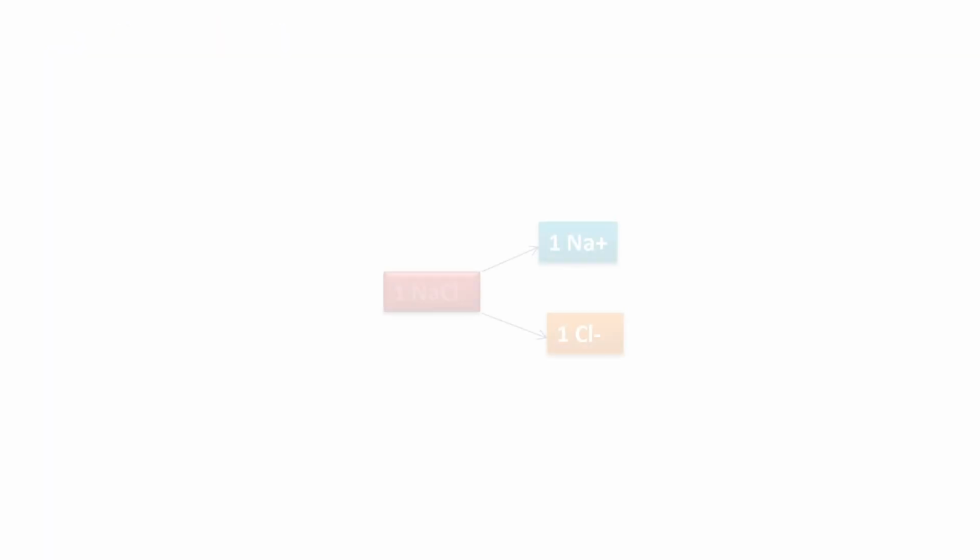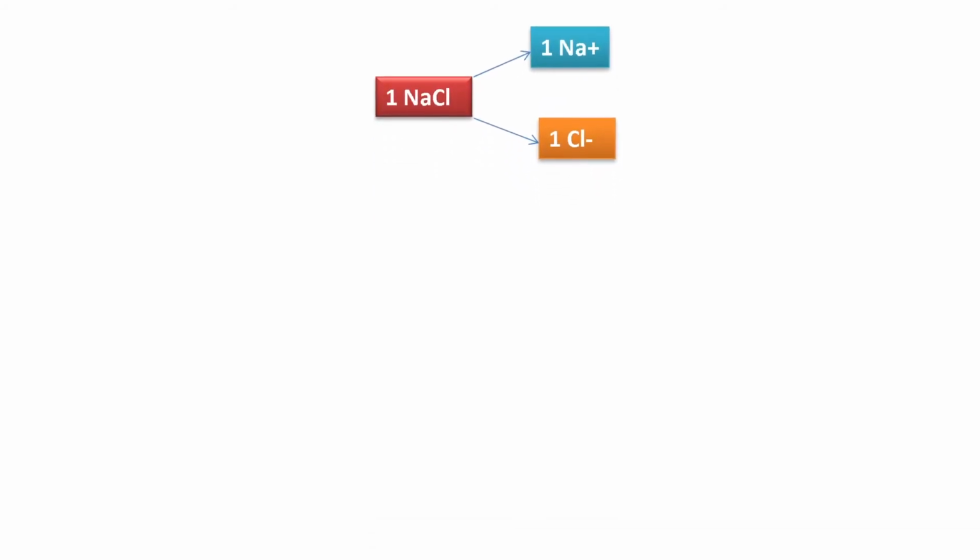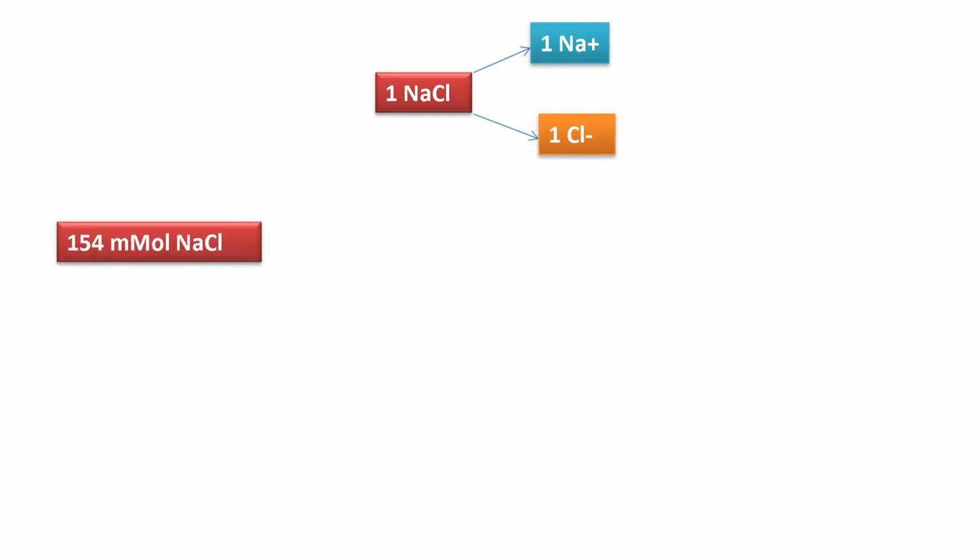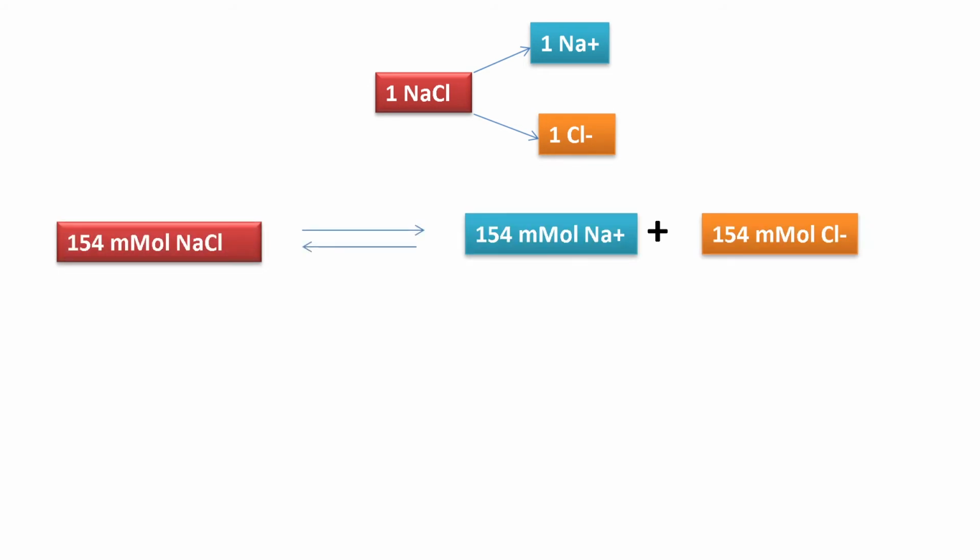One sodium chloride molecule dissociates into 1 sodium ion and 1 chloride ion. 154 millimoles of sodium chloride will give 154 millimoles of sodium and 154 millimoles of chloride ion.